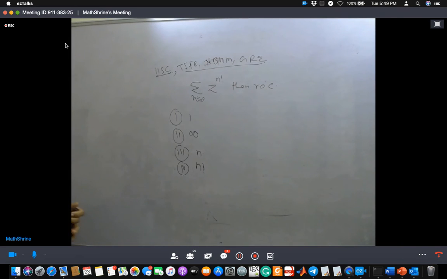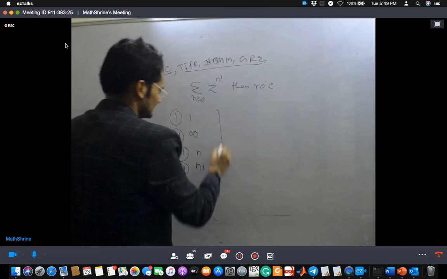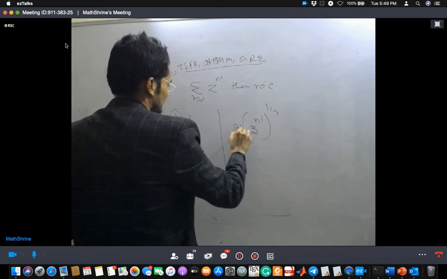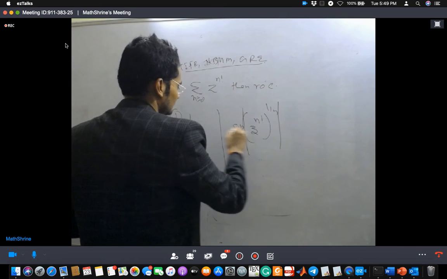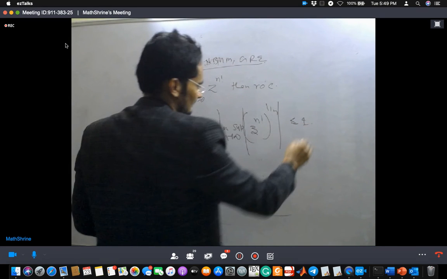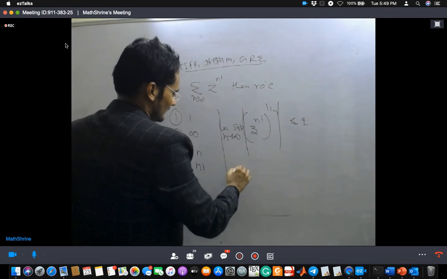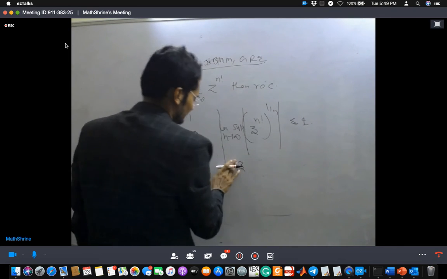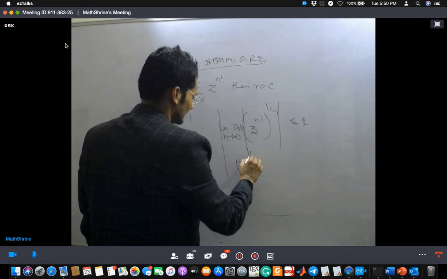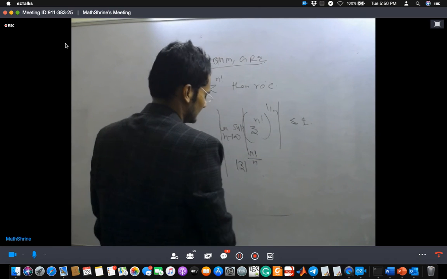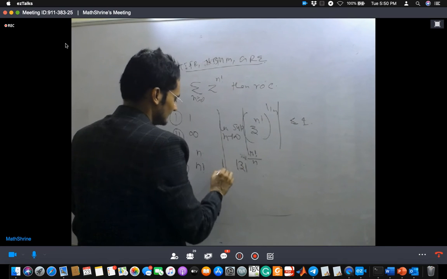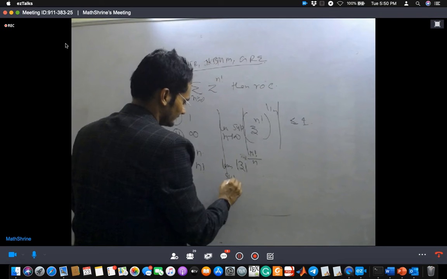Okay, so let's see. (z to the power n factorial) whole power 1 upon n, taking the supremum of the absolute value, limit as n goes to infinity, should be less than or equal to 1. So if you apply |z| raised to the power n factorial by n, with the power of a limit, this limit supremum is less than or equal to 1.